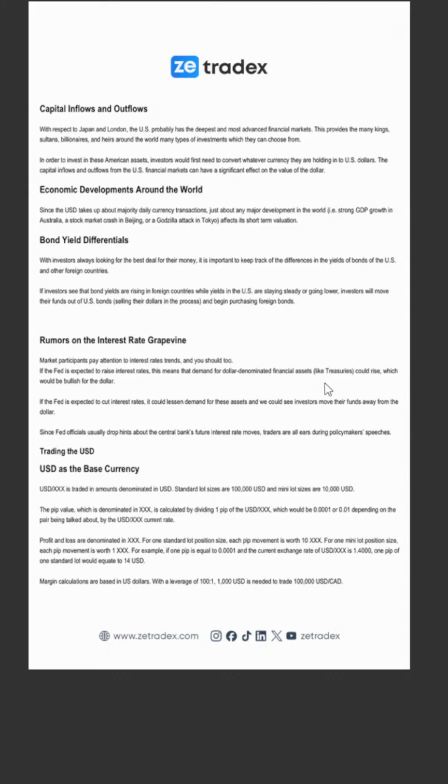For example, if 1 pip is equal to 0.0001 and the current exchange rate of USD/CHF is 1.4000, 1 pip of one standard lot will equate to about 7 USD, right? Now, margin calculations are based in dollars, with a leverage of 100 to 1, 1,000 USD is needed to trade 100,000 USD/CHF. Is that correct? Now, I think this makes a whole lot of sense. Next page, please.